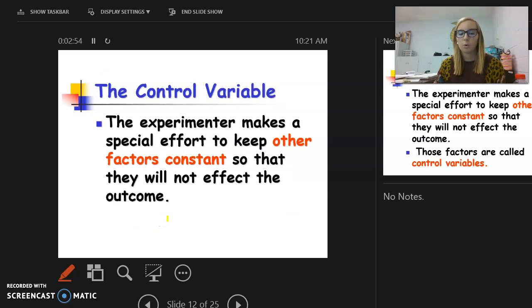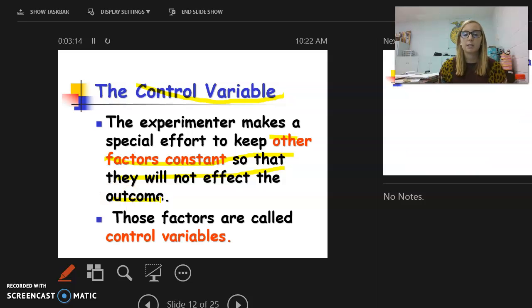A controlled variable is the constant. You're going to make a special effort to keep other factors constant so that they won't affect the outcome. When you're making these factors constant, that's called a controlled variable.